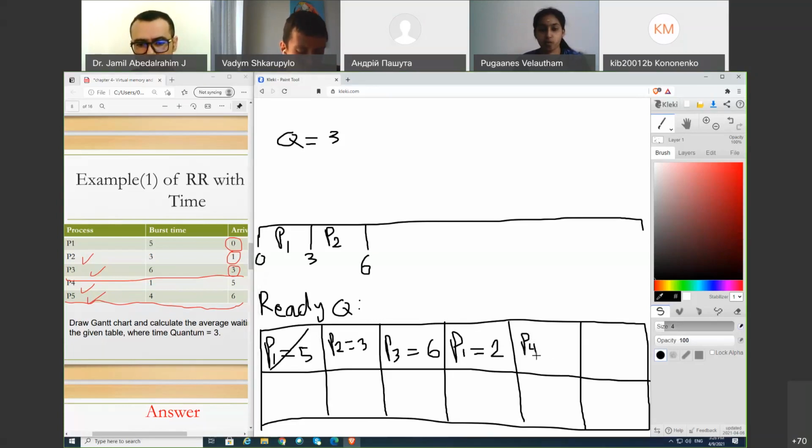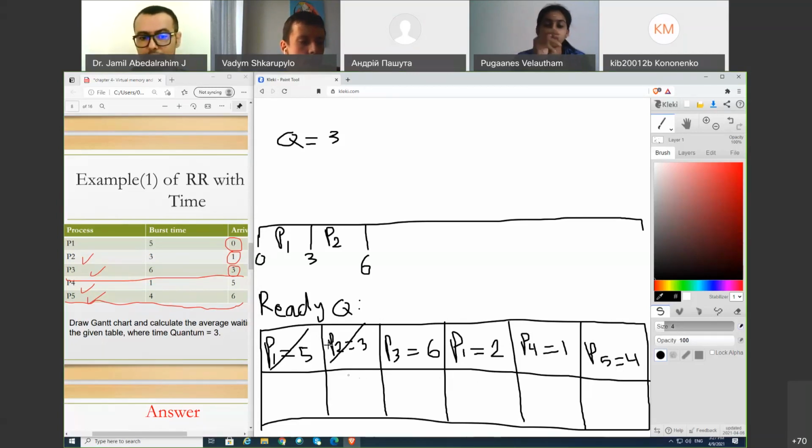P4 equals burst time 1 and P5 equals burst time 4. After we write down the new processes, we check the current process, which is P2. Is there any remainder of P2? The total is 3. We executed 3, so no remainder. P2 has terminated its task.